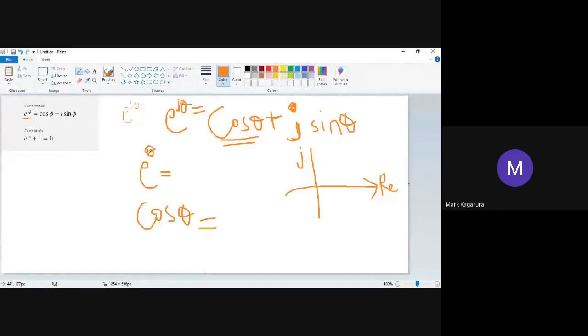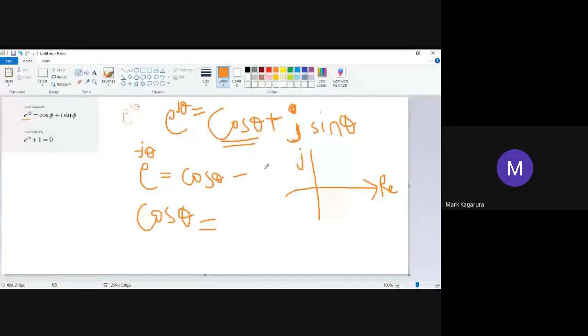So you can use e^(-jθ), so that you have cos θ minus j sine θ, because cos(-θ) is equal to cos θ, and sin(-θ) is negative sin θ. So if you add these two up, cos θ is going to be e^(jθ) plus e^(-jθ). But remember, there are two of these, so this will be divided by 2.